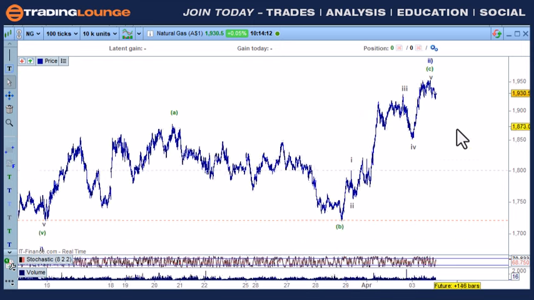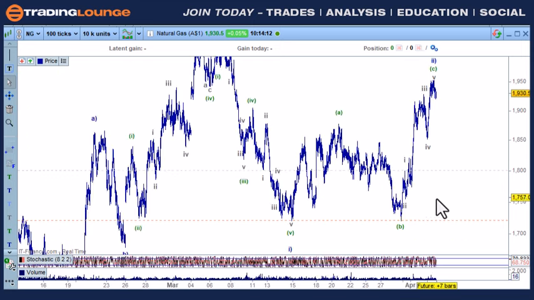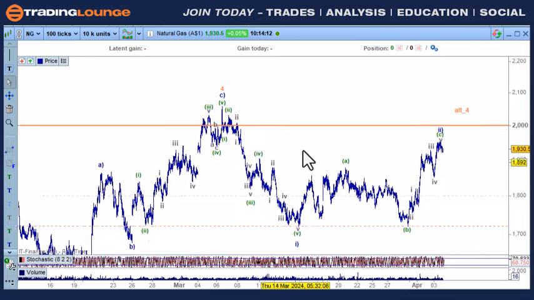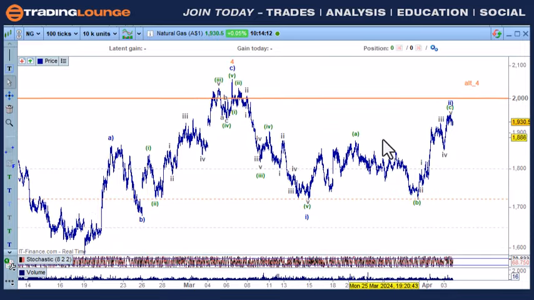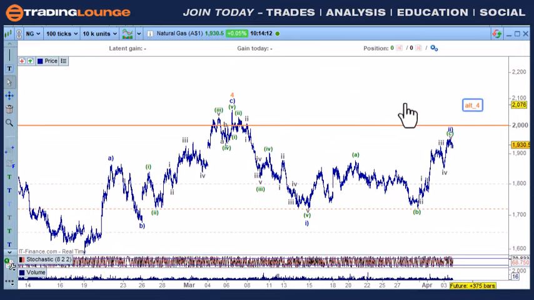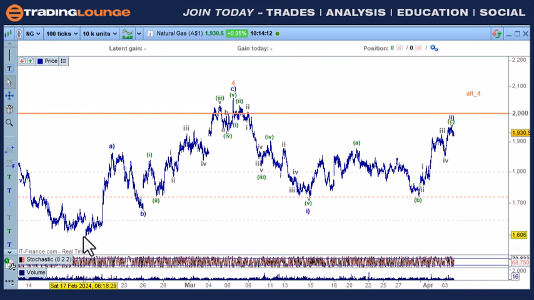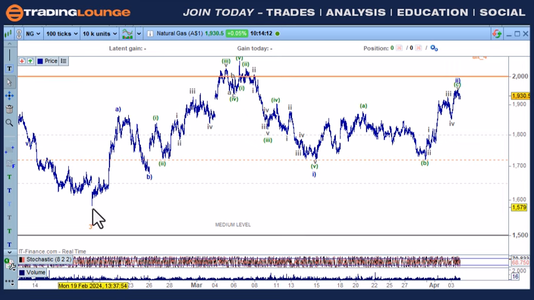The $2 mark. And the other point that we were making before with all of this, we're definitely in a wave 4, either here or here, and here is an A and a B and a C wave up here. So this is corrective. So at some point in the future, we'll take this low out.